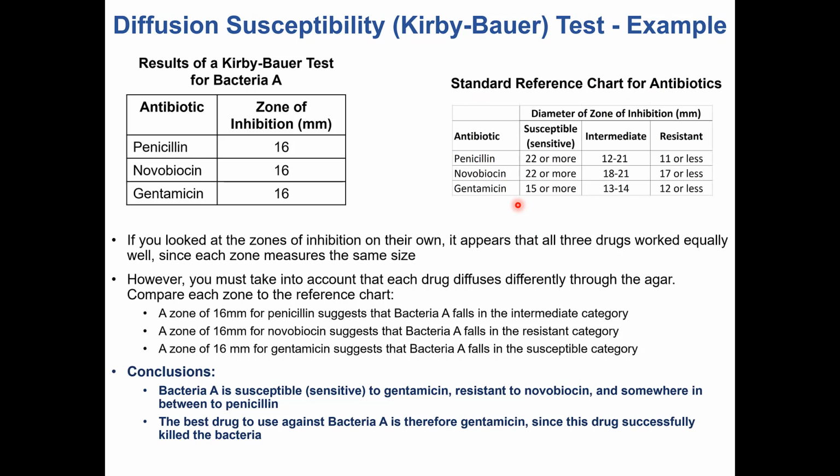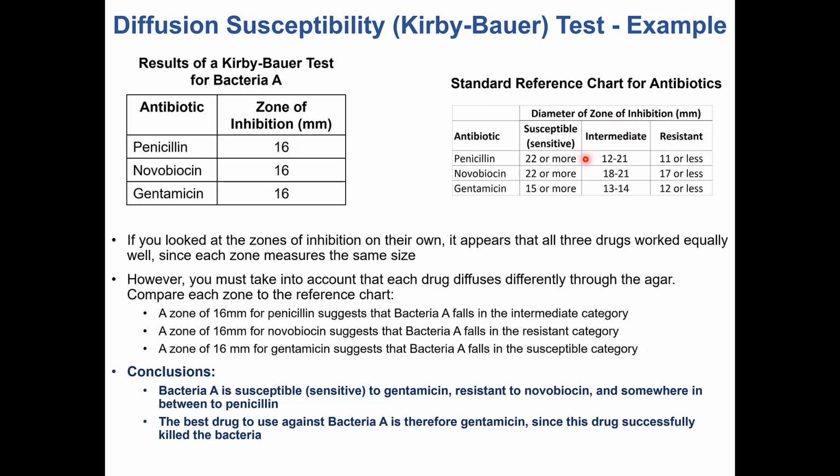This is a standard reference chart for these particular antibiotics, and you'll see that there are different ranges of zones of inhibition, and depending on which range your measured zone in your experiment falls under, that will tell you if bacteria A is susceptible to the drug, intermediate, or resistant to the drug.